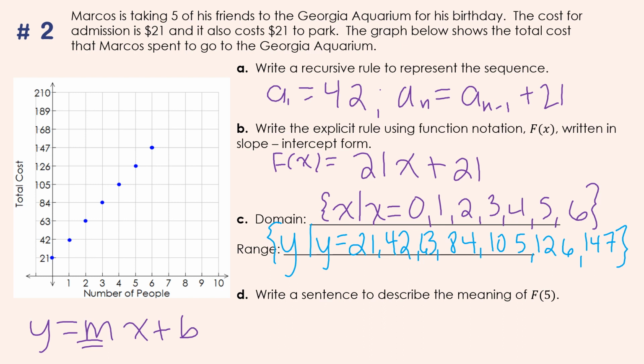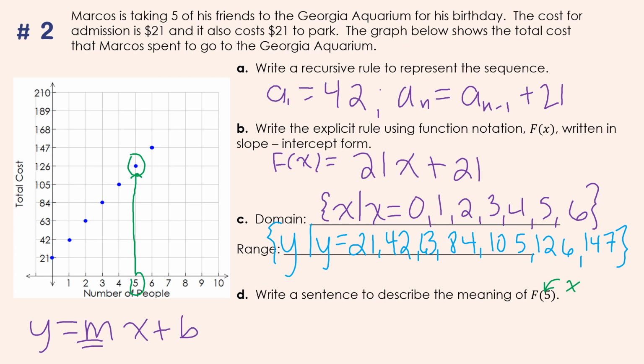All right, and then finally write a sentence to describe the meaning of f of 5. So f of 5, you can do it two ways. The easiest way is probably to look at the graph. So 5 would be your input or your x or your number of people. So we're going to go up and we can see that point right there, 126.